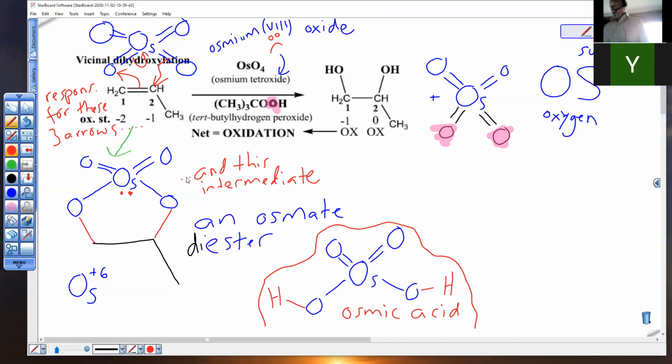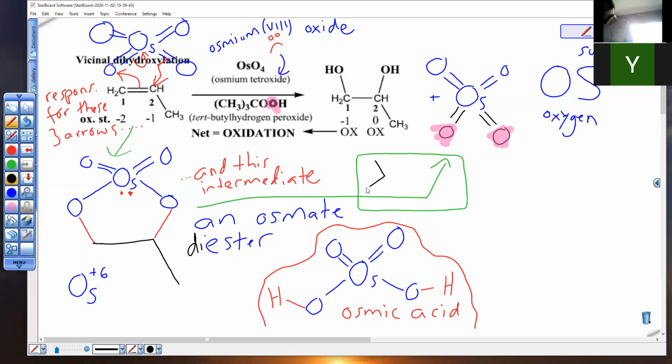You're responsible for the chemical that will break this down to give these products. So if that was a big blank, you'd be copying this down. And that's not a carboxylic acid. Even if you think it's a carboxylic acid here, you have to rethink your position.